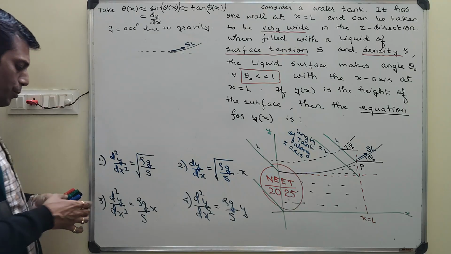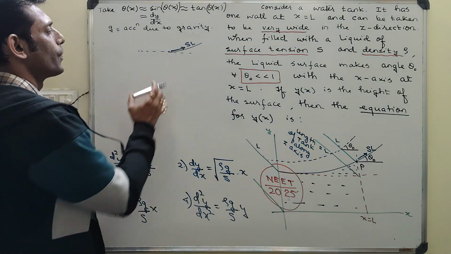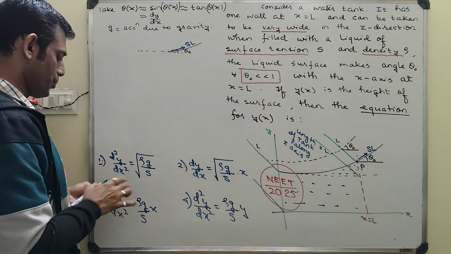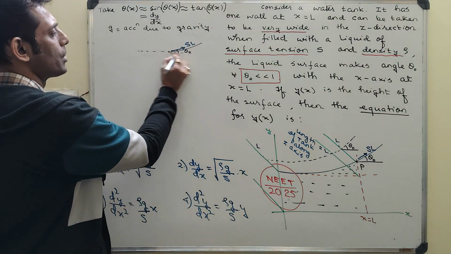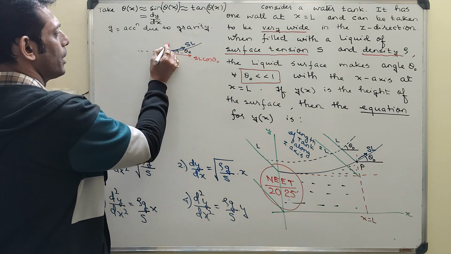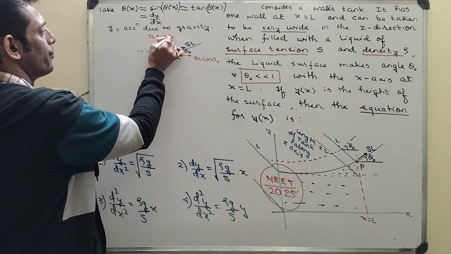Then it splits into two components due to this angle of theta naught. It splits into two components as SL cos theta naught and SL sin theta naught.